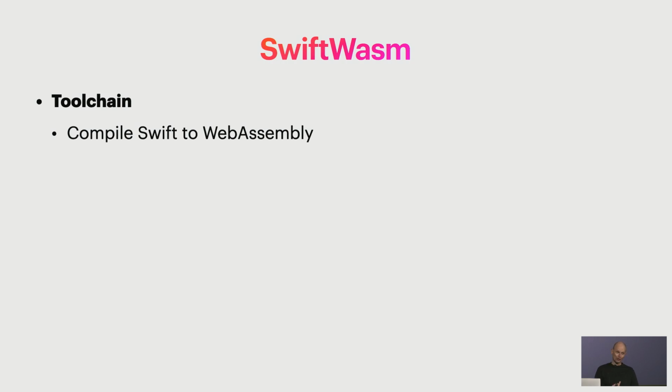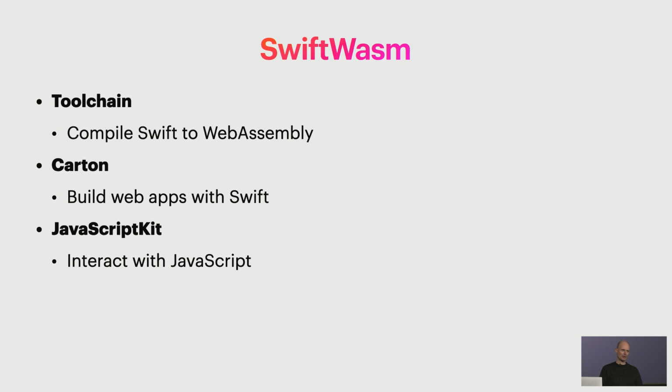Now, most of the changes that are in this toolchain are already upstream. So the upstream toolchain already has some support for WebAssembly. But if you want all of the features, for now, you still need to use the WebAssembly-specific toolchain from SwiftWasm. SwiftWasm also provides Carton, which is a package manager plugin that lets you very easily build web apps with Swift.